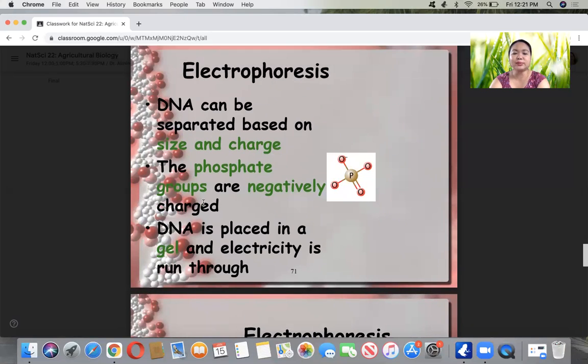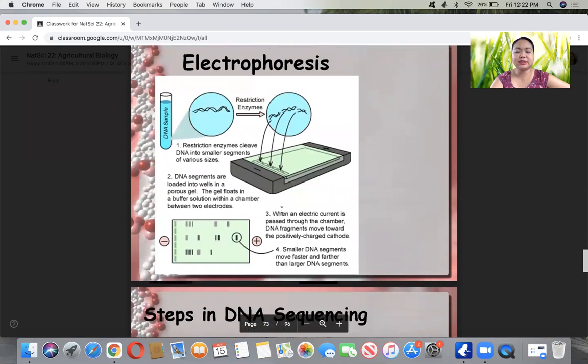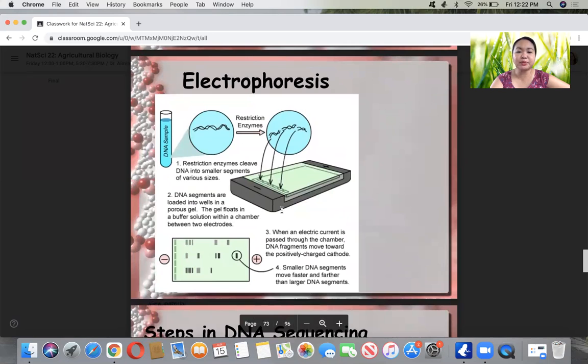The phosphate groups are negatively charged, while DNA is placed in a gel and electricity is run through. As shown in the photo, the negative DNA fragments move towards the positive end, and the smaller fragments move farther and faster. This is the overall procedure for electrophoresis.